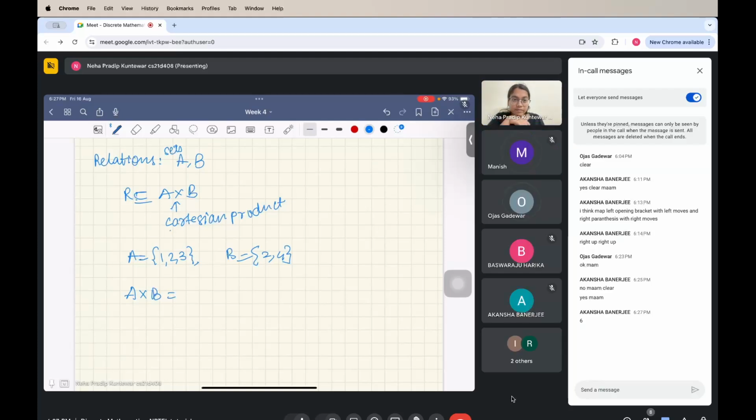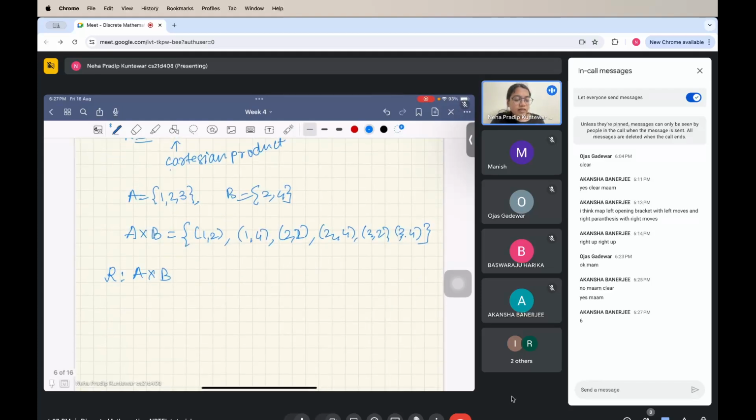Six. Yes, good. 6 elements. I'll just write a few of them. A relation defined on A cross B would be a subset of this.